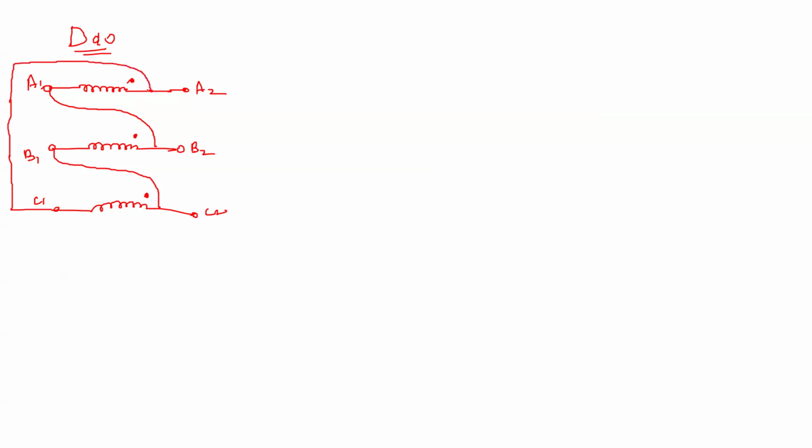For DD0, I will show you how the vector diagram itself will tell me how to connect this. So this is A2, B2, C2. This is A1, B1, C1.